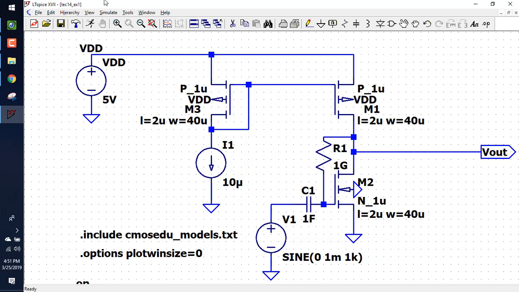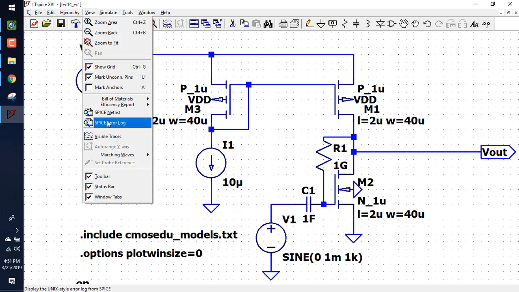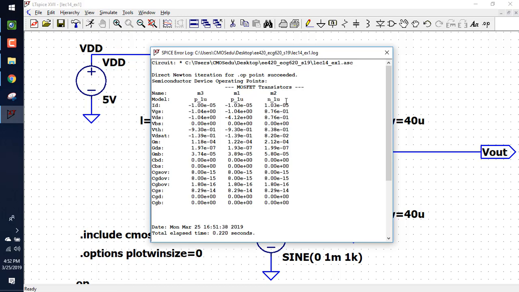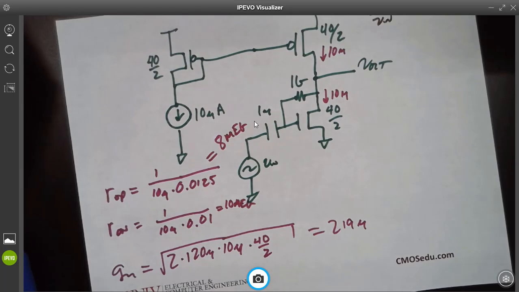And then I'm going to go up to, and someone have their calculator handy, SPICE error log, and look at M1's GDS. So that looks like it's roughly 5 meg if I do 1 over 0.2 micro. And we calculated 8 meg.